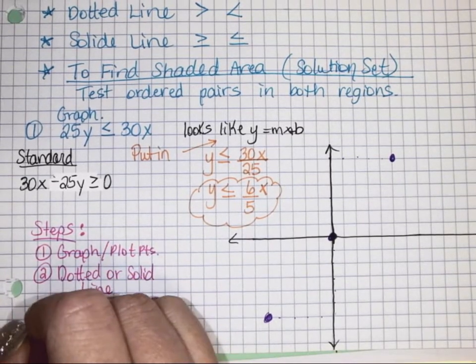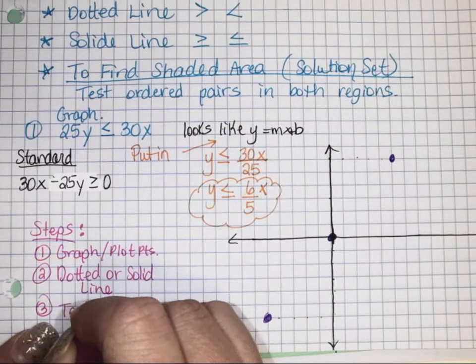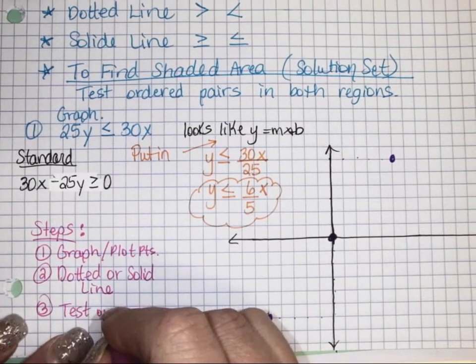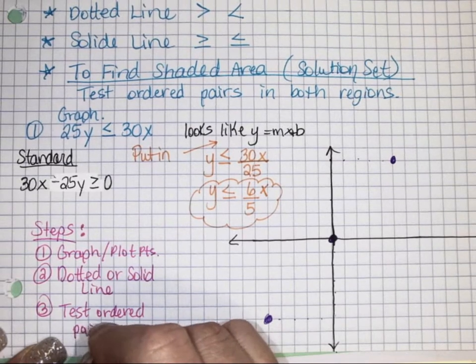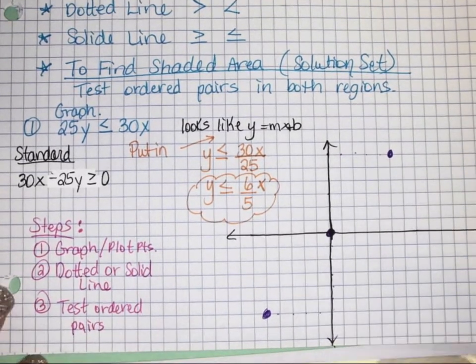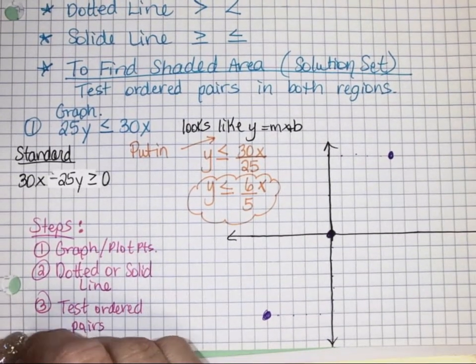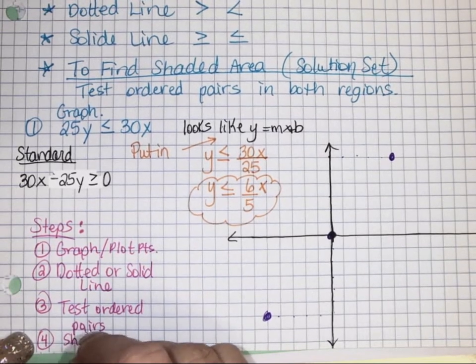And then the third thing you do is test ordered pairs in both regions to see where you shade. And then finally step 4 is when we're going to shade.